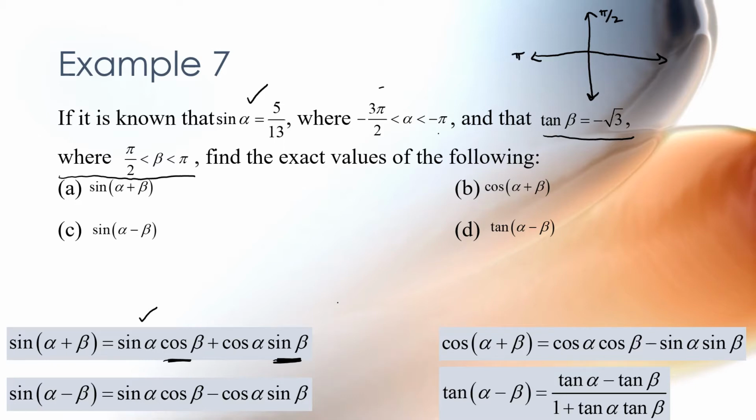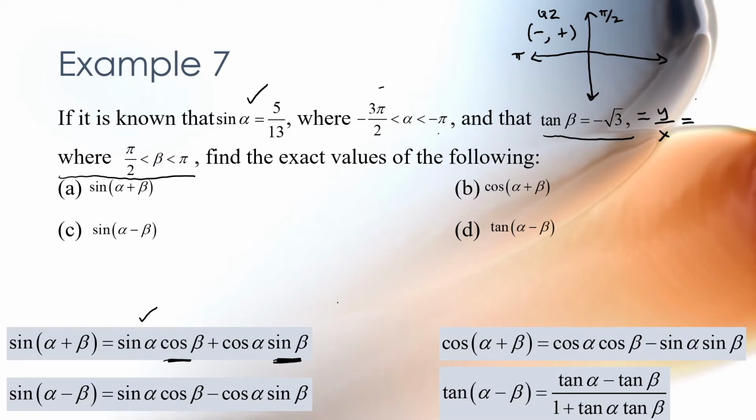In the second quadrant, my cosine is negative and my sine is positive. And then the other thing that we know about tangent is that tangent is equal to the ratio of y over x. So not only is my cosine negative, but my x value would have to be negative. And not only is my sine positive, but my y would have to be positive.